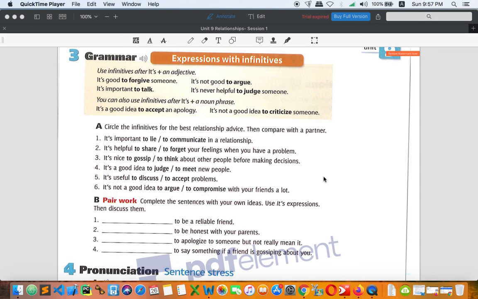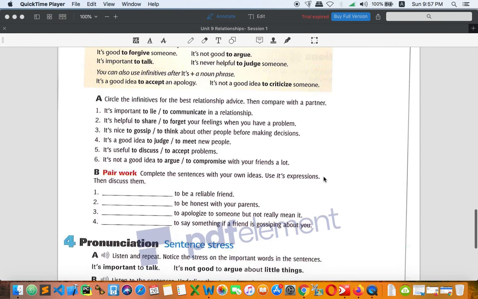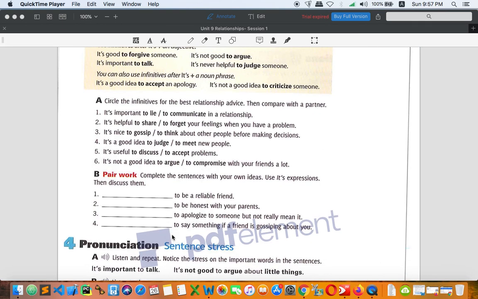Okay, I think that's it for number 3A, and let's go to number 4 a little bit right here before I end the lesson. So in part B, complete the sentences with your own ideas, use expressions, then discuss them, so that you can come up with your own expression plus your expressions.